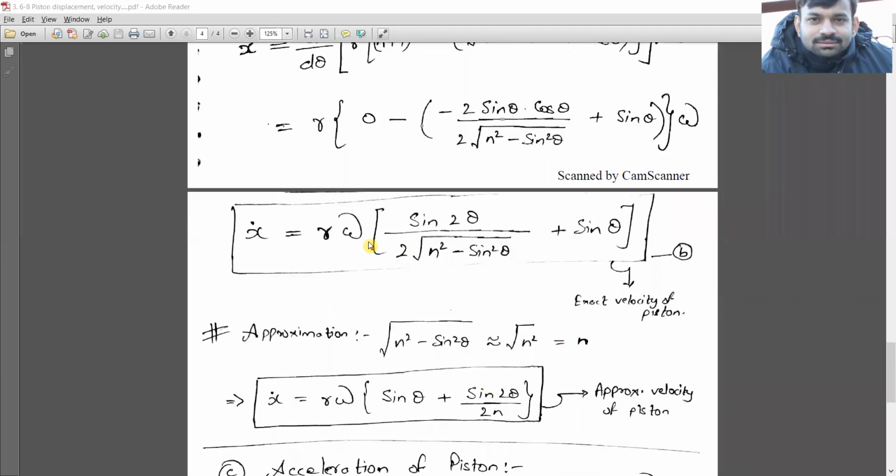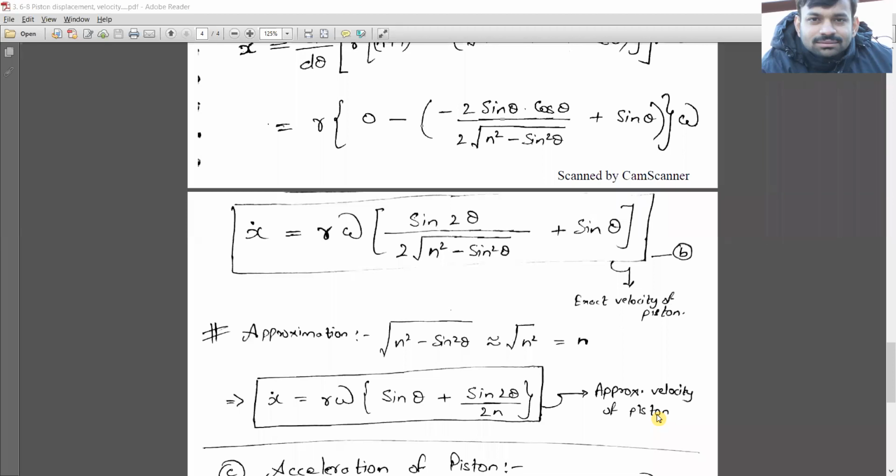So once we take this approximation, we get x dot is equal to r omega into sin theta plus sin 2 theta by 2n. Okay, since we have taken an approximation over here, this equation will give the approximate velocity of piston.